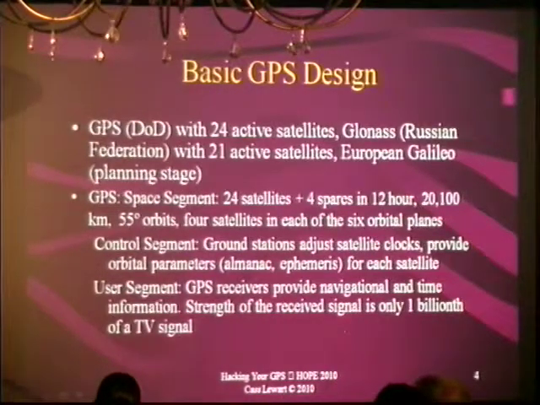So basically you have 24 satellites in 12-hour orbit, about 20,000 kilometers from the Earth. With 24 satellites, you usually have 4 or 5 satellites in view all the time, sometimes up to 6 or 7, depending on where you are and the specific time of the day.